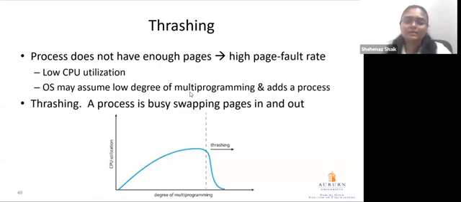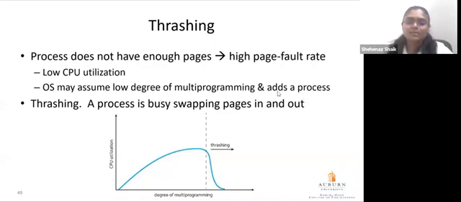Okay? And it attempts to improve the overall processor utilization by adding more processes, in other words, by moving one of the processes from the backing store and making it active and adding it to the ready queue.